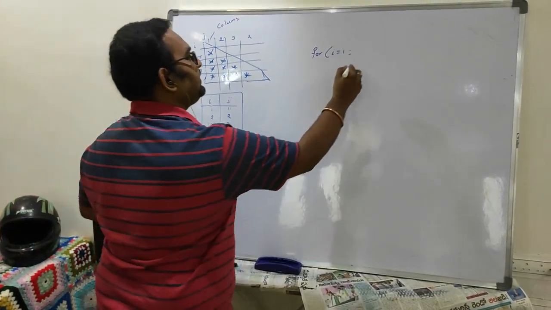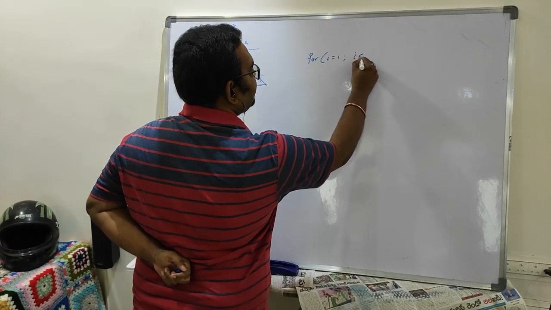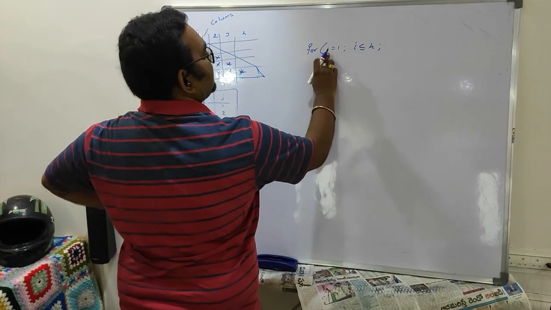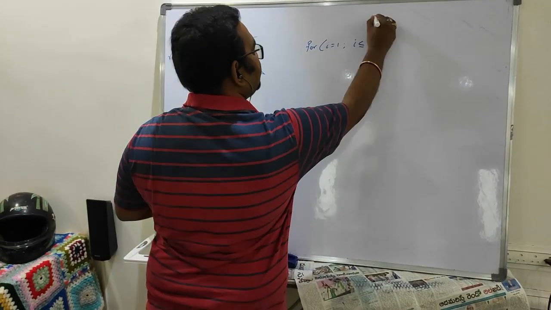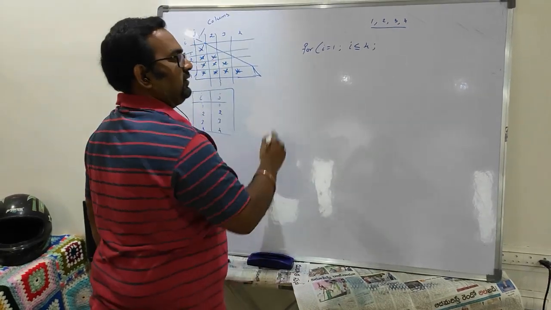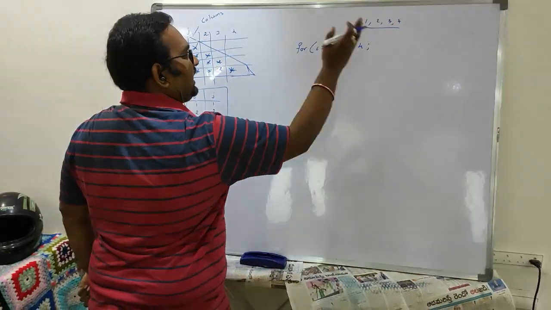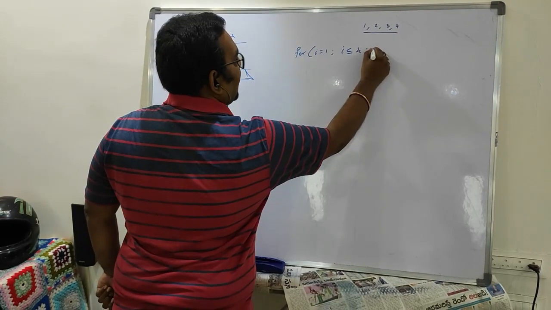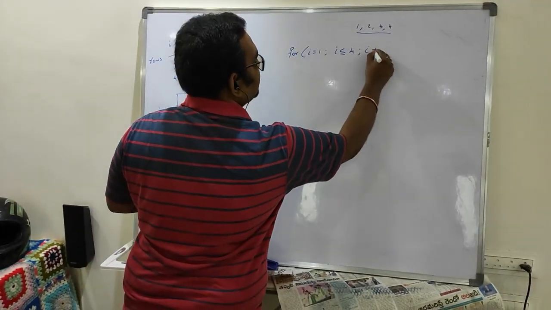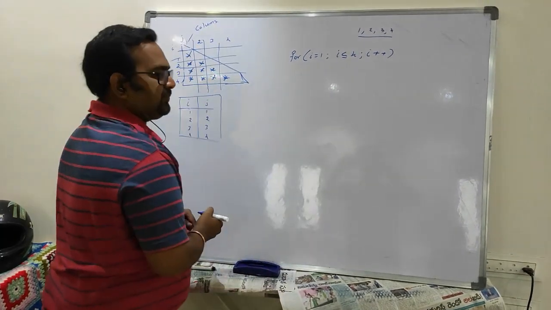So I will be less than or equal to 4. When you say less than or equal to 4, my repetition will be 1, 2, 3 and 4. It will go till 4 and it will stop there. So I need to increment the I value step by step, so I say I plus plus.